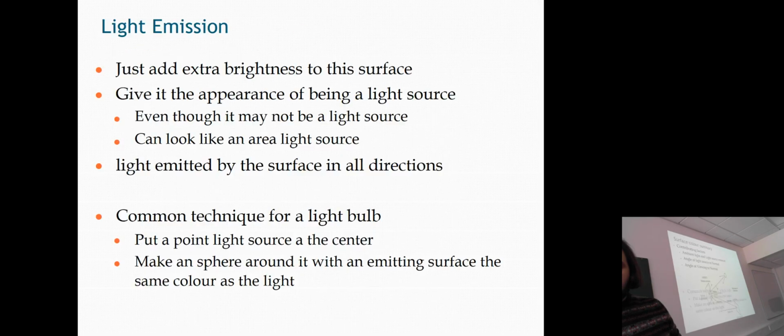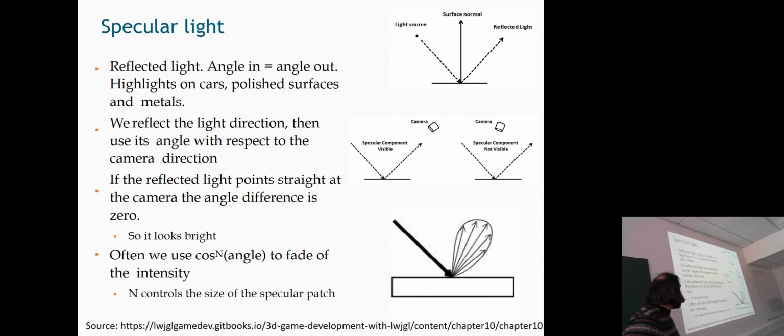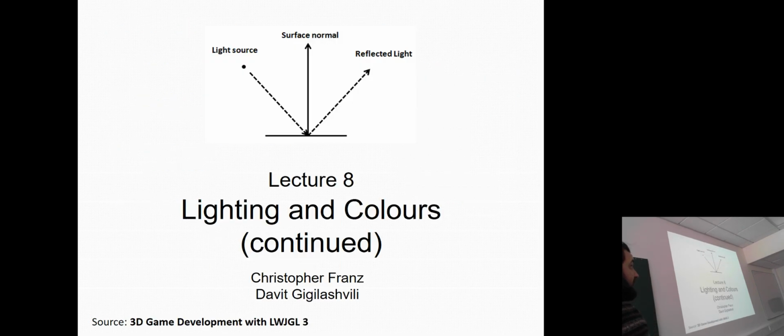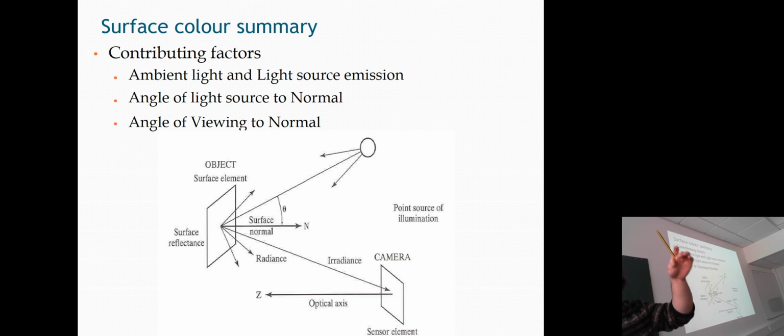We want to find the cosine of this angle to see how close the observer is to the reflected direction of the specularity. If the observer is located in the reflection direction, the angle is 0 and the cosine is equal to 1.